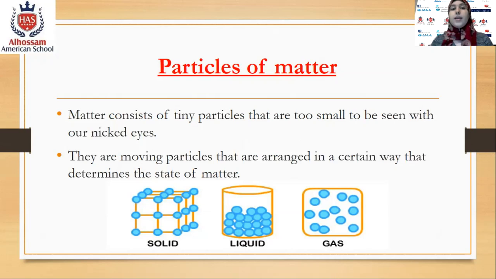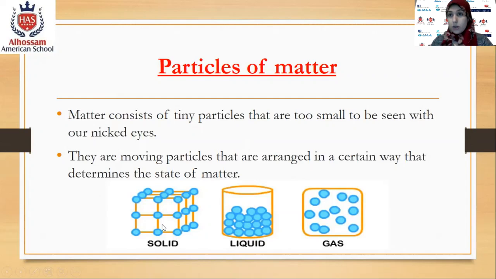These particles cannot be seen with your eye. So when you zoom in to this matter, we can see it arranged in some forms, such as the pictures you see here.